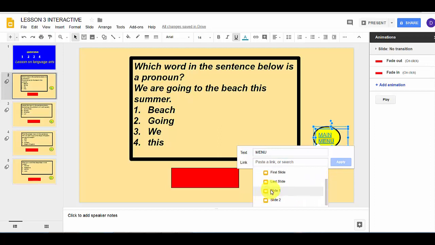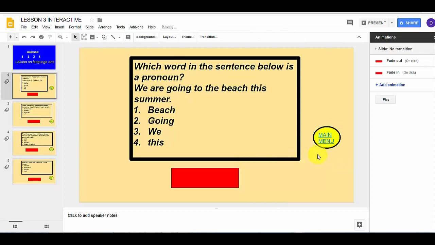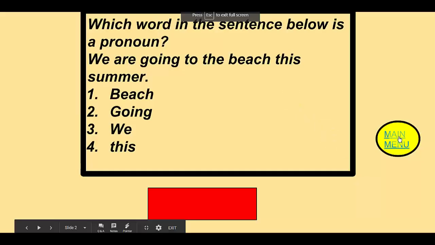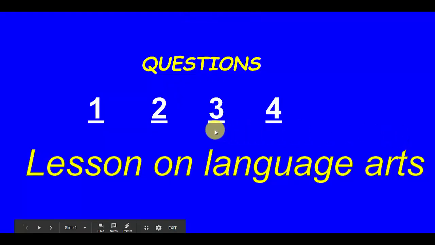Now if you look, the first slide is the main menu. So I click on the first slide and I hit apply. So now it will go to the first slide. To prove that, I'm going to go to view and present it, and watch what happens when I click here. See, it goes back to the first slide.